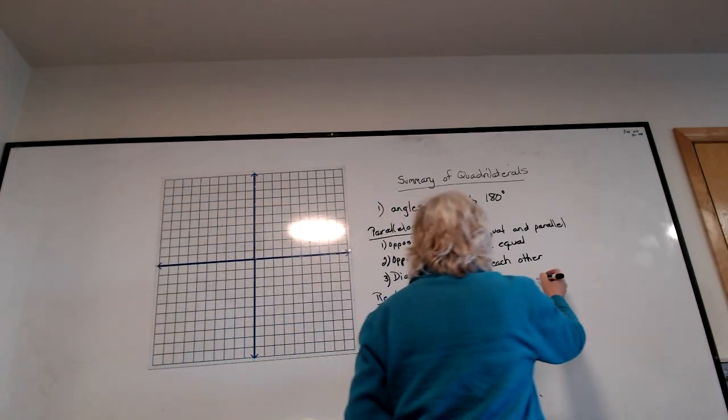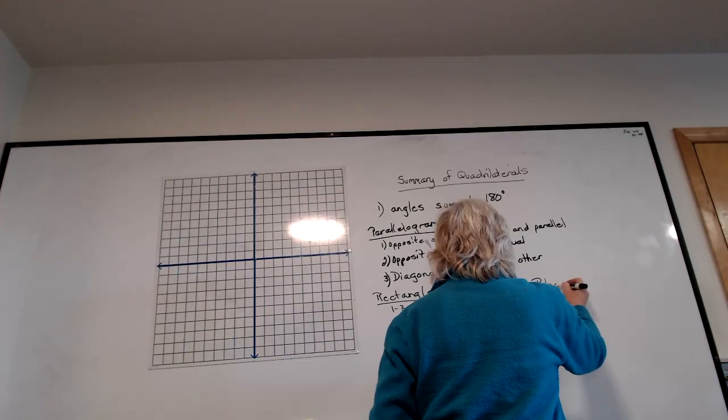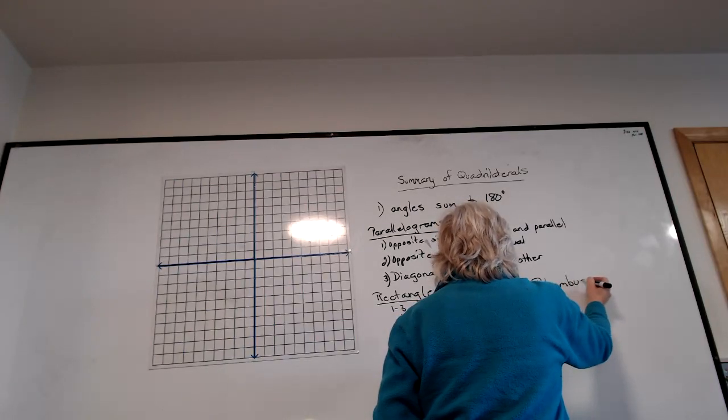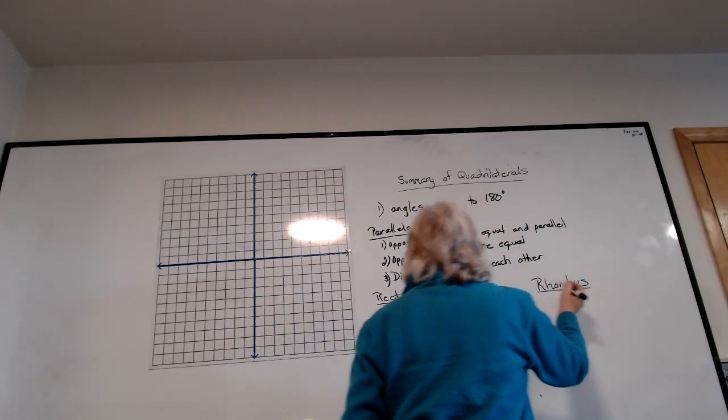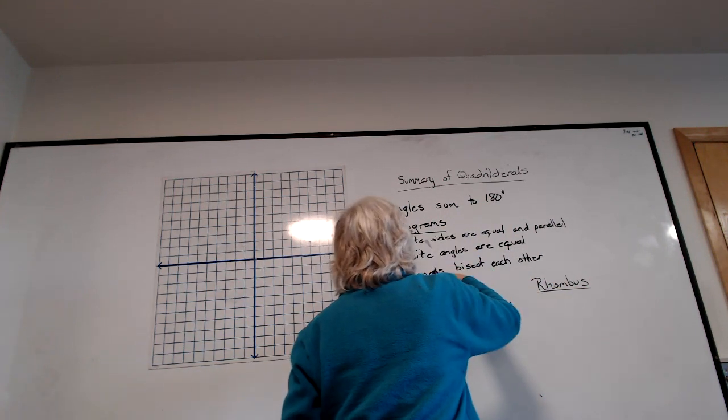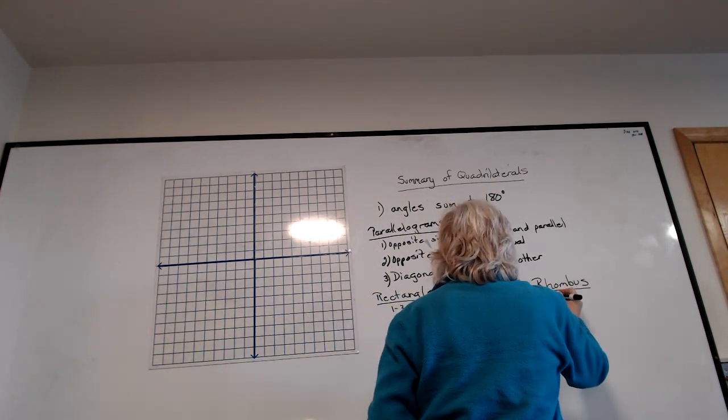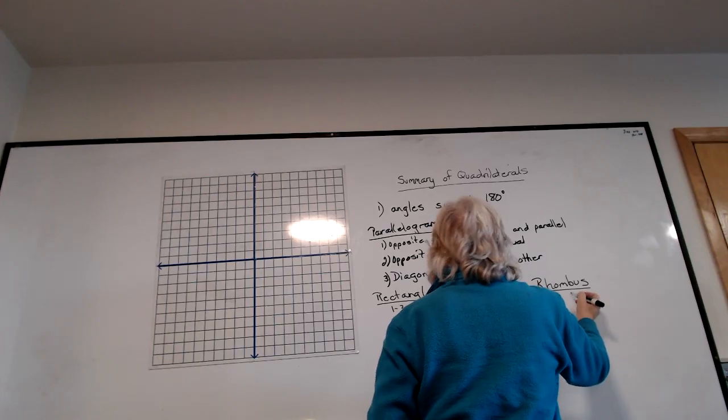A rhombus is a little bit different. Okay. A rhombus goes down and it has 1 through 3 that's also true, because a rhombus is a parallelogram.